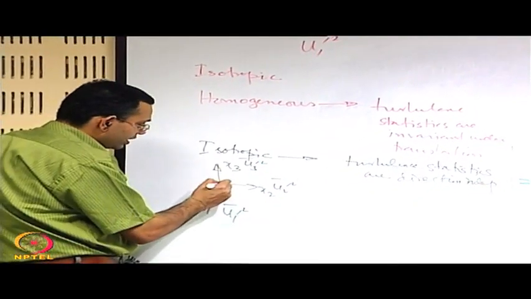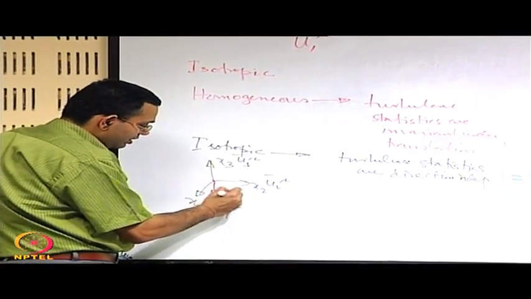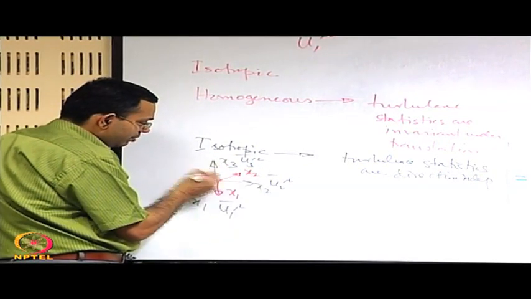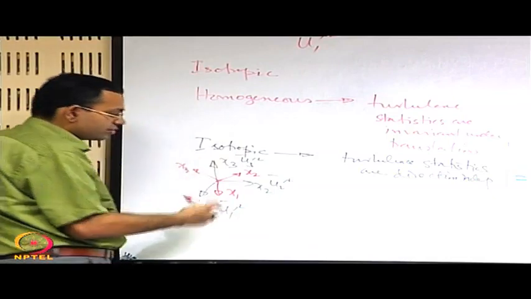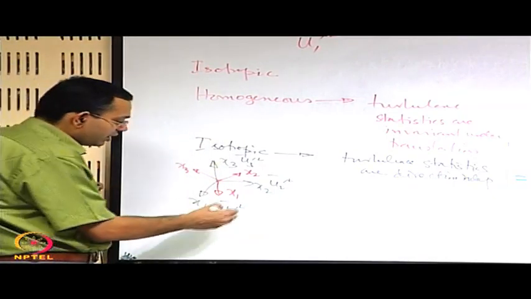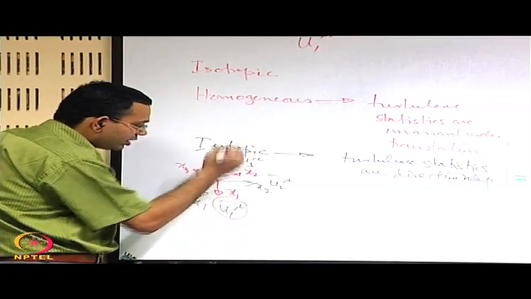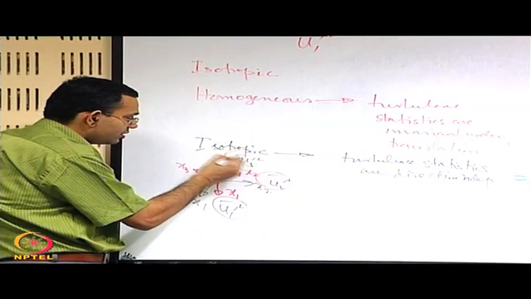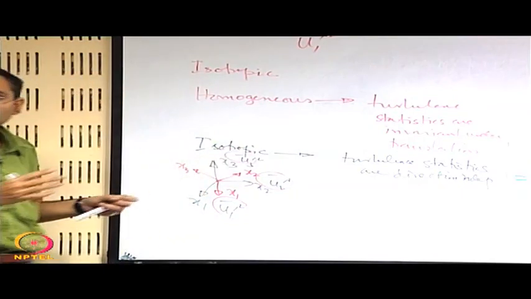Now when you have a rotated coordinate system with new x1 like this, new x2 like this, and maybe new x3 like this, of course orthogonality of the axes is preserved. Then if you have u1 prime square with respect to new x1, u2 prime square with respect to new x2, and maybe u3 prime square with respect to this new x3, they are the same.